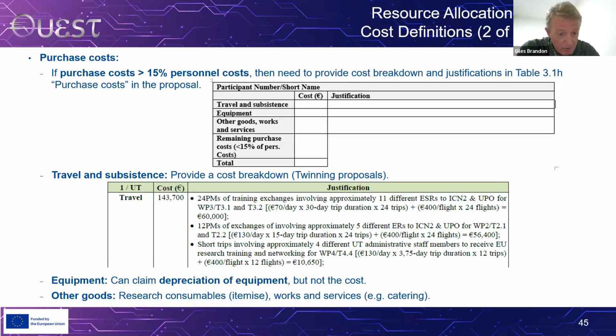Under purchase costs, you have equipment. And the key thing to remember here is if you're going to buy equipment, the actual cost that is eligible, that can be booked to the project, is not the whole cost of the equipment, but the depreciation. So this then gets rather complicated at times.